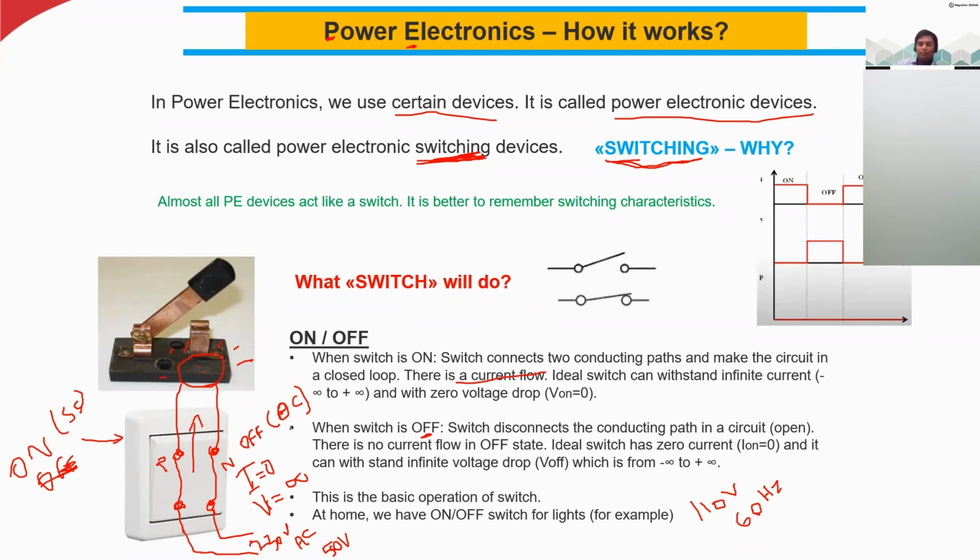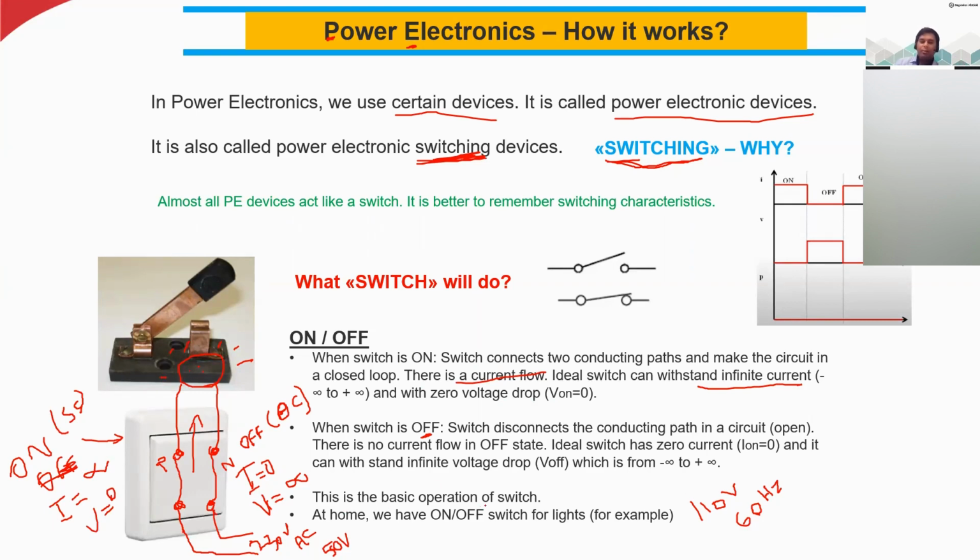And it will have zero voltage drop. So this is the difference. When the switch is on, the current is flowing, which is infinite, I is equal to infinite and voltage drop is equal to 0. But when the switch is off, current is 0, voltage drop can be infinite.